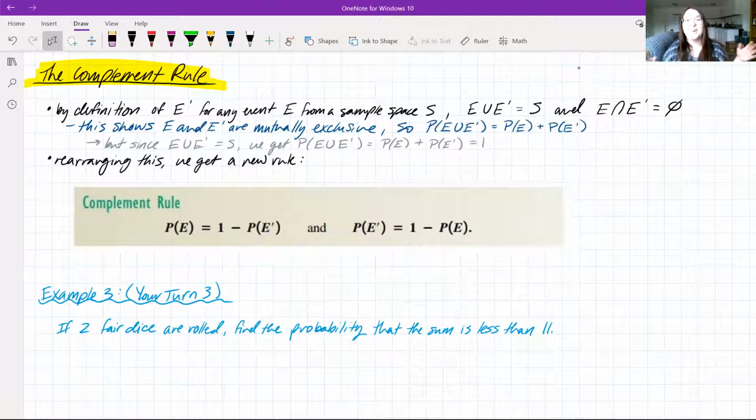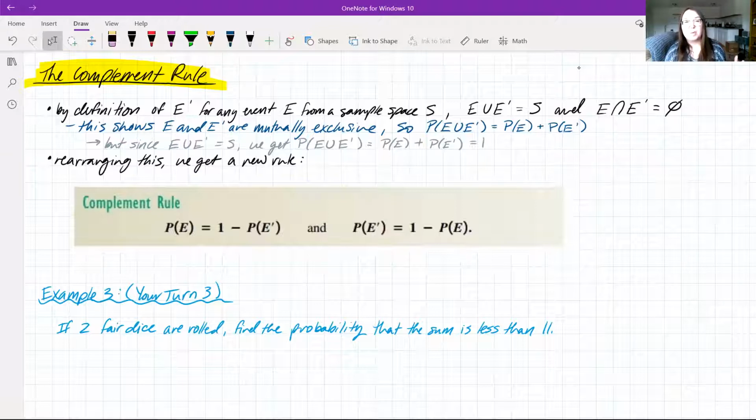Okay, so that was a lot of letters that were just said. But basically, this is saying that E and E prime are mutually exclusive events. So when we take the union, they're equal to the sample space, and when we take the intersection, they're equal to the empty set. This is the same thing as saying probability of 0 and probability of 1.